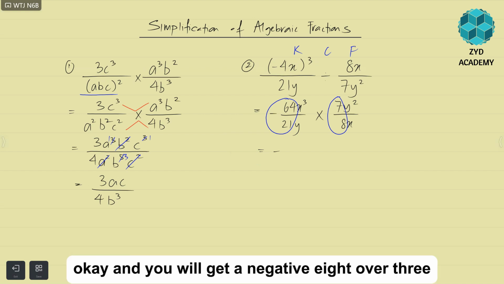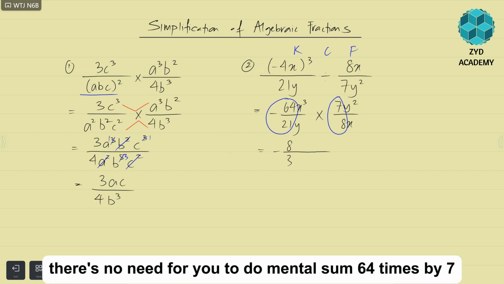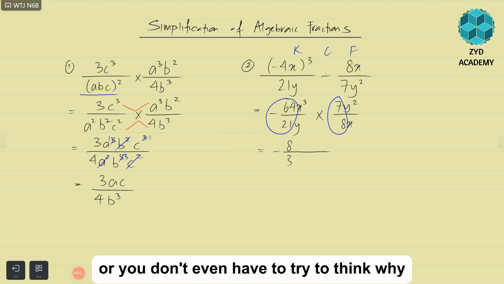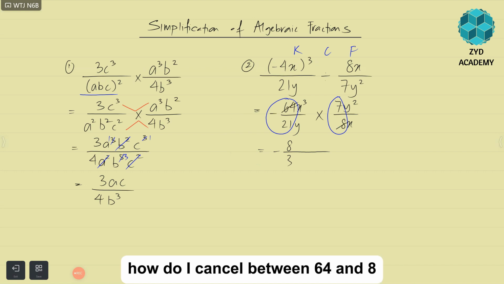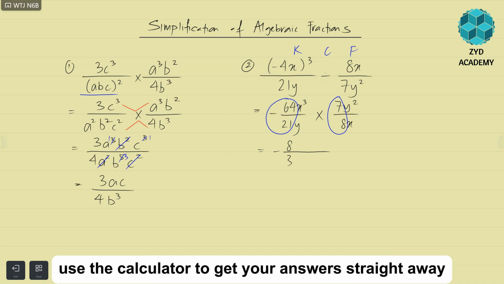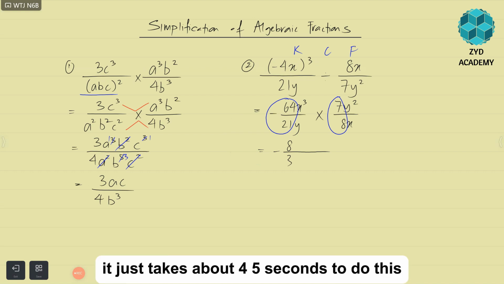And you will get negative 8 over 3. Use your calculator to your advantage. There's no need for you to do mental sums, 64 times 7 or 21 times 8. You don't even have to try to think how to cancel between 64 and 8 and so on. No need. Use the calculator to get your answer straight away, and you get minus 8 over 3. Then you're done. It just takes about 4 or 5 seconds to do this.